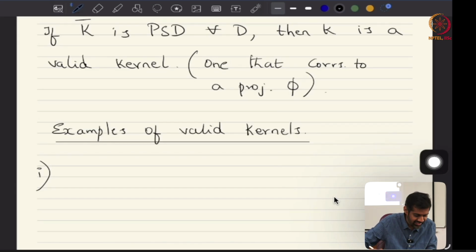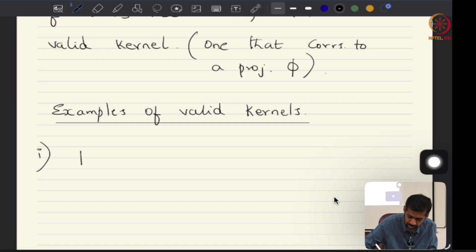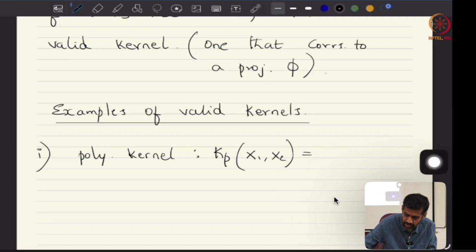Yeah. So this is something called the polynomial kernel. You take two data points x1, x2 and the kernel is 1 plus x1 transpose x2. This is a scalar, raise it to power p. This is the polynomial kernel.